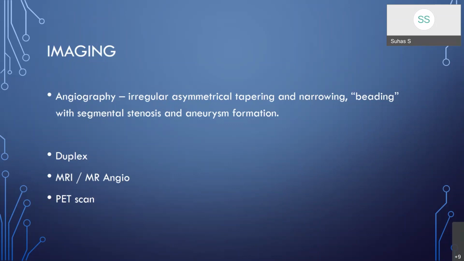Duplex has a role in diagnosis and management of giant cell arteritis. Whereas MRI with gadolinium contrast is more specific for visualizing larger arteries, especially the aorta, subclavian, and carotid arteries. The contrast enhancement might be more specific in the case of active arteritis, where we can see enhancement of the vessel wall itself.